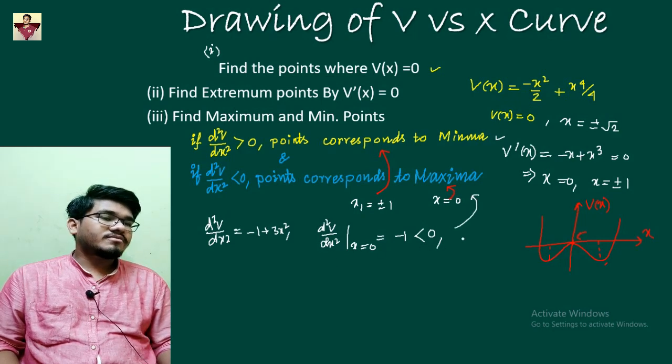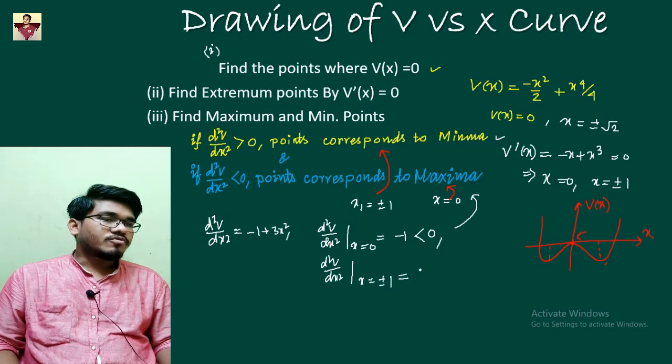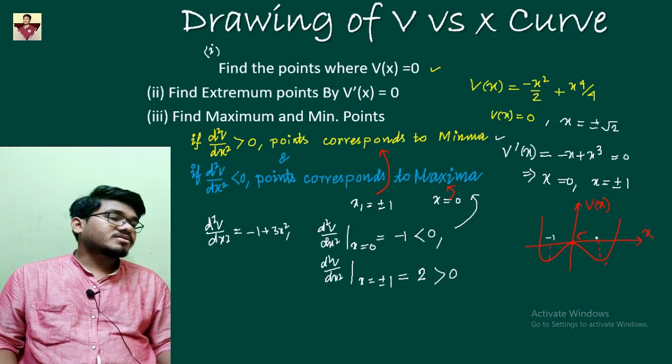And if you find d2V/dx2 at x equal to plus or minus 1, it will be 2, which is greater than 0, so it is a point of minima. These are the minimum points, plus or minus 1. This point is minus root 2, this point is plus root 2, and obviously this is 0.